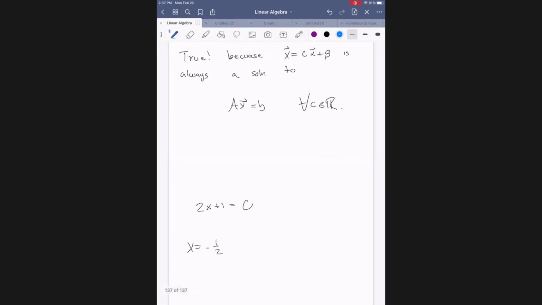Okay, so perfect. Let's now work on something else. Let's go back to, let's say, some elementary matrices.